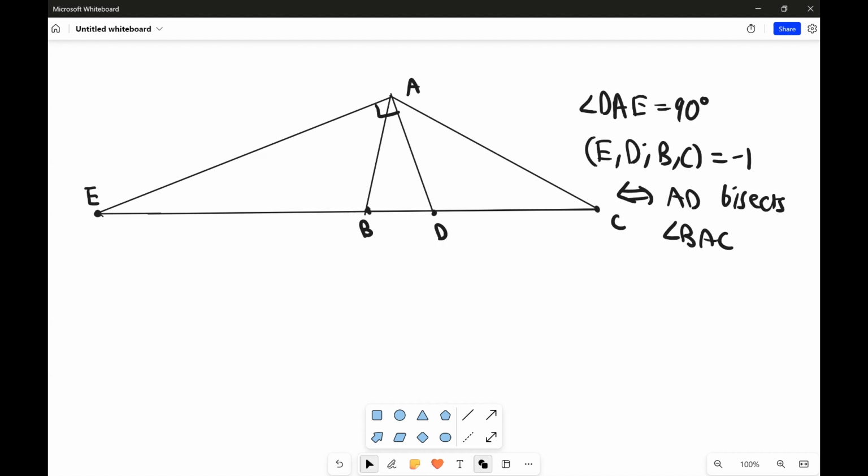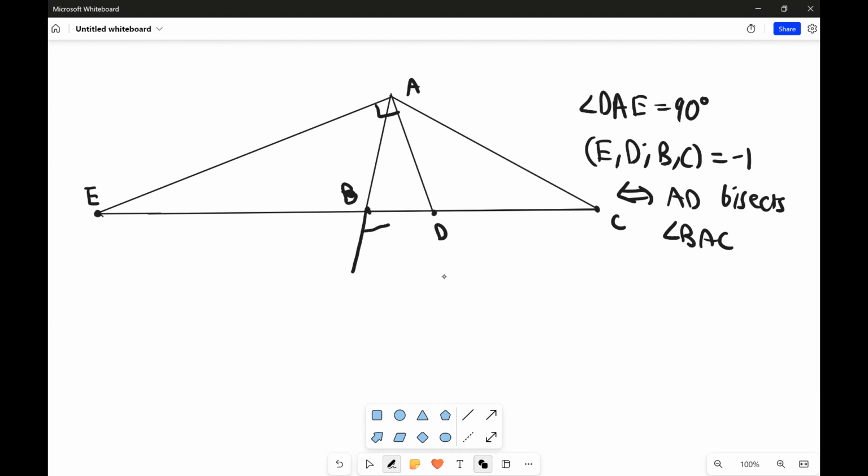So how do we prove this? Well, there is a nice trigonometric proof, but we're going to present a synthetic solution, one that only involves similar triangles.